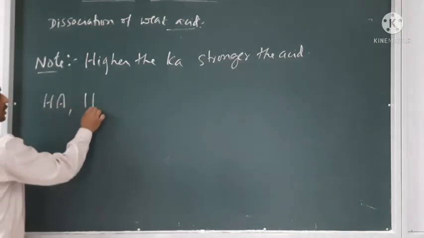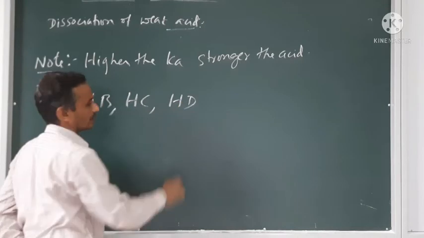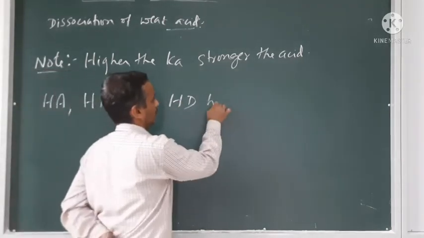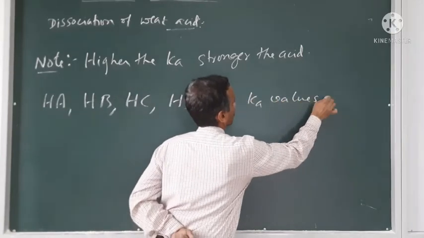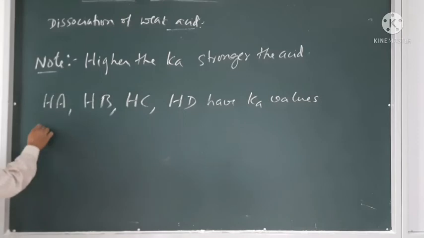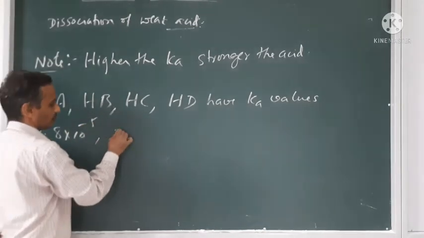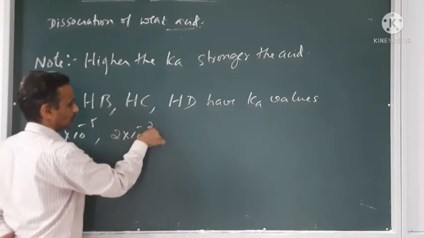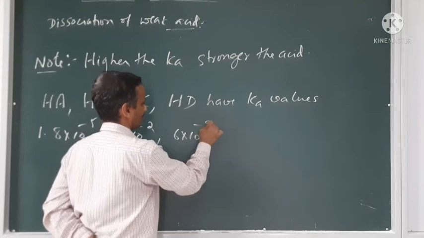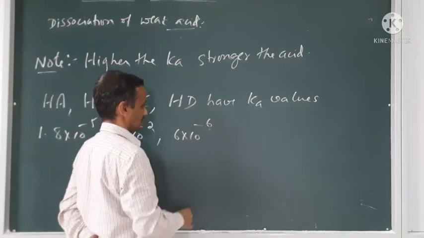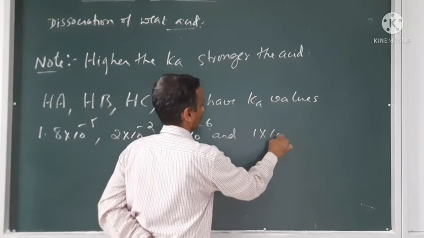HA, HB, HC and HD have Ka values 1.8 into 10 to the minus 5, 2 into 10 to the minus 2, 6 into 10 to the minus 6, and 1 into 10 to the minus 2.